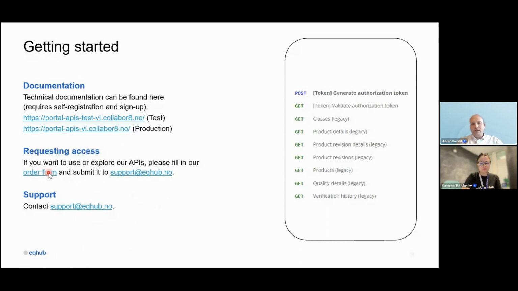Typically, just a basic justification. You submit that form to support. Support will process it and check whether or not the request is valid. It's a fairly short processing time, and you will get access to the API. Then, once you have those credentials, client secret and client ID, you are typically able to interact with the API.